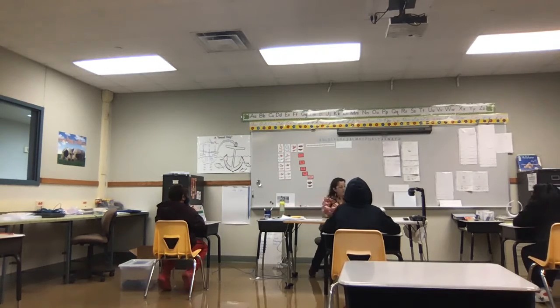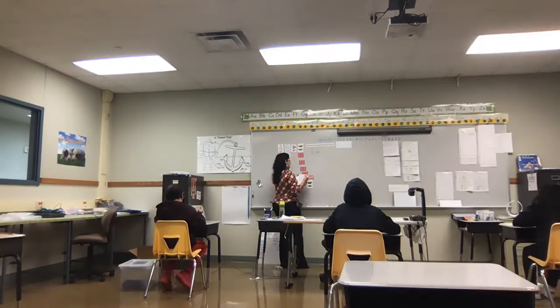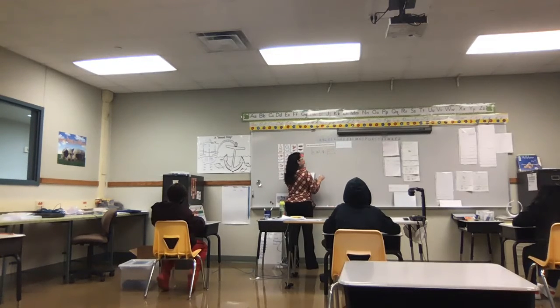All right, so we're going to go ahead and start with our suffix discovery. A base word is the simplest form of the English word, plus a suffix is a letter or letters that are added to the end of the base word to change its form or usage. So a base word plus a suffix is a derivative.